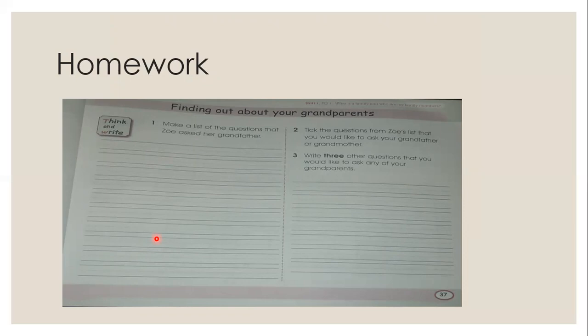Next, number 3, you're going to write 3 other questions that you would like to ask any of your grandparents. Then, finally, you are going to call either your grandmother or your grandfather and you're going to conduct your interview asking them the questions.